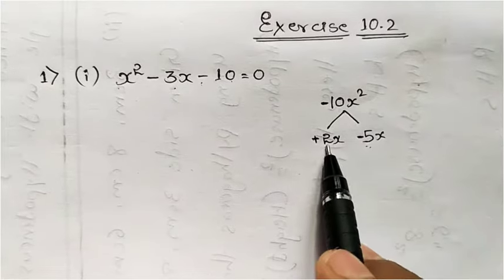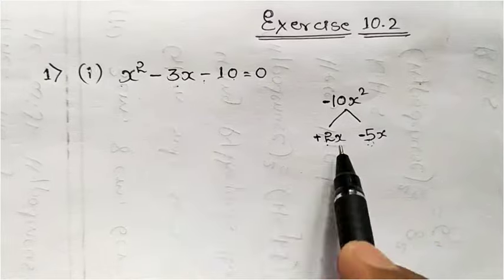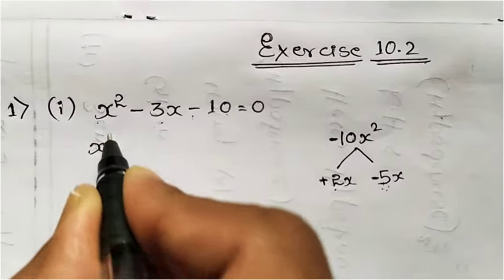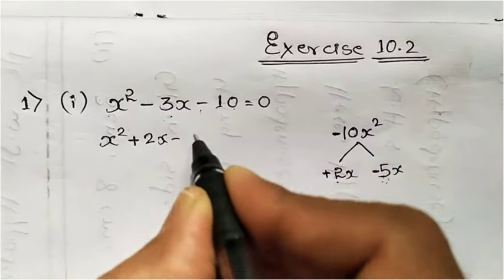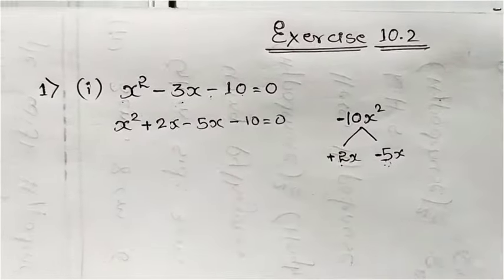See here, 2 5s are 10, 5 minus 2 is 3. Okay. So now in place of 3x I will write x square plus 2x minus 5x minus 10 equal to 0.